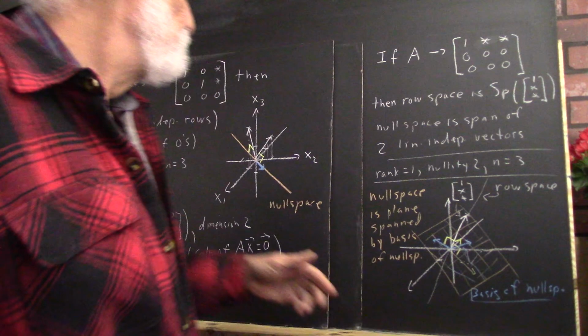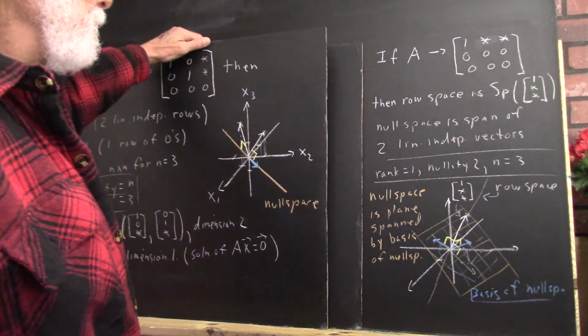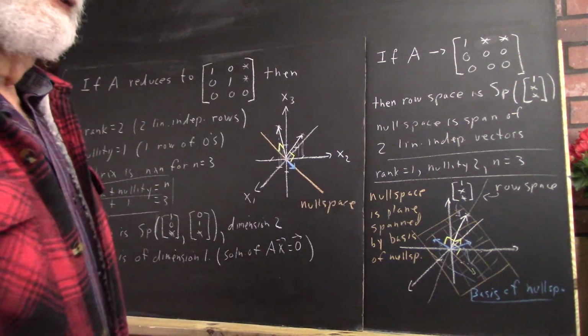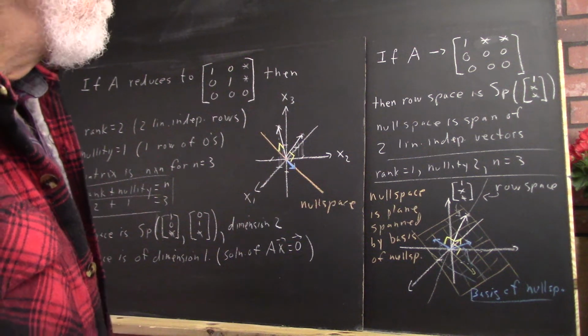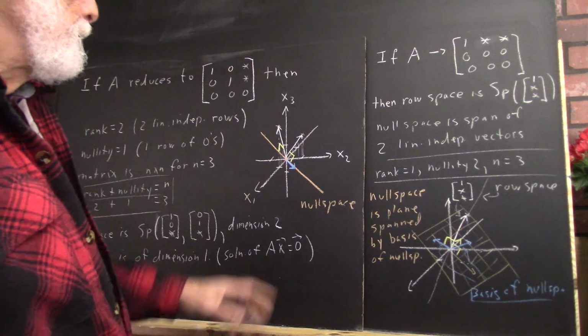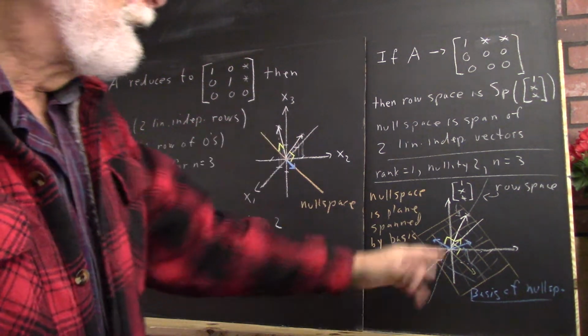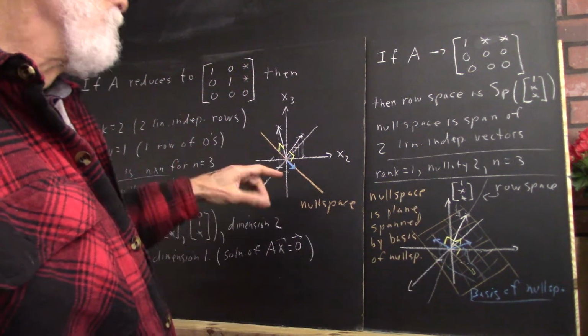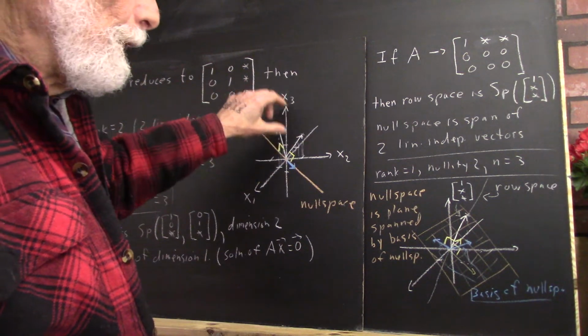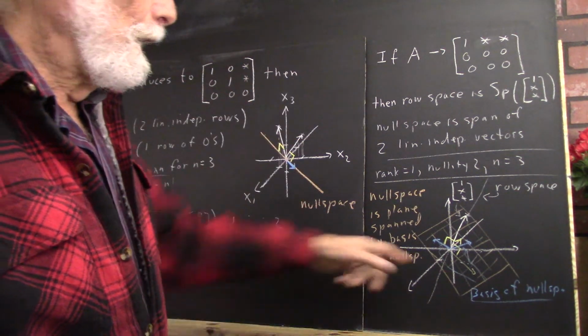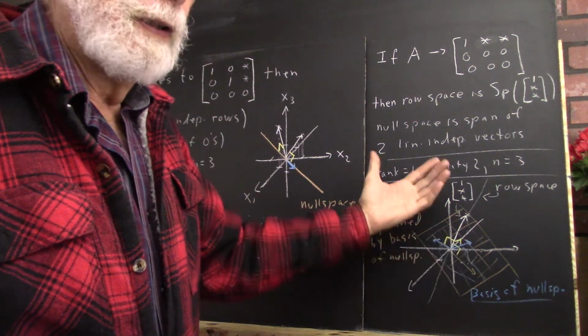Now, these two pictures are, in a sense, dual pictures. Okay? It's like the function of your row space is now the function of your null space. So the row space here is spanned by two vectors and forms a plane, but now it's the null space that's spanned by two vectors and forms a plane.